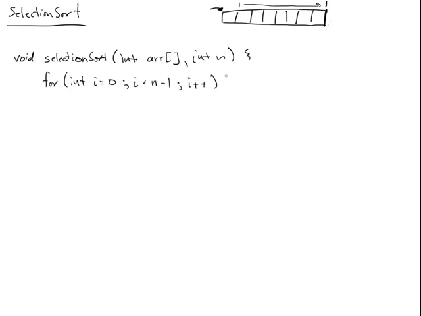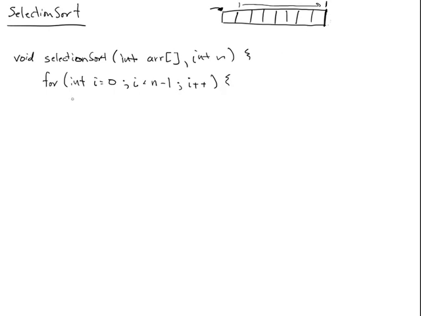So why are we doing n minus 1 instead of going all the way to the end of the array? Well, remember the goal is to start at an index and then find the minimum in the remaining set of the array. So we need n minus 1 so that we always have a remaining set of the array. Otherwise our algorithm breaks down at the last value.